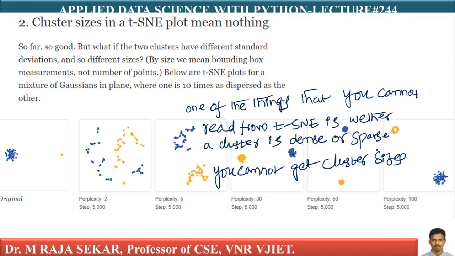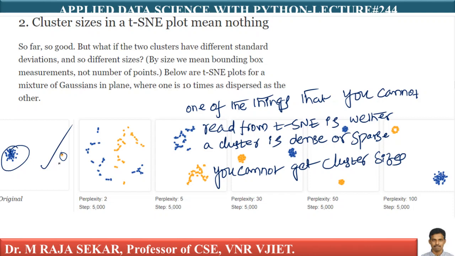Just see here. This is called a small cluster, and it is very, very tightly grouped. This is called a large cluster, isn't it? So with SNE, imagine this was the data. This is my original data set, isn't it?